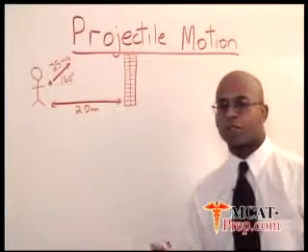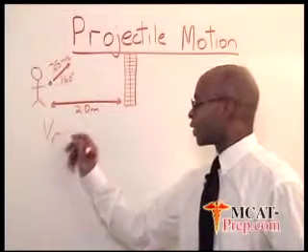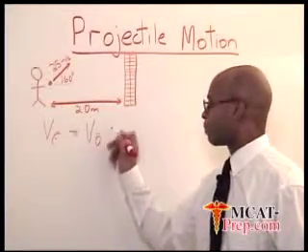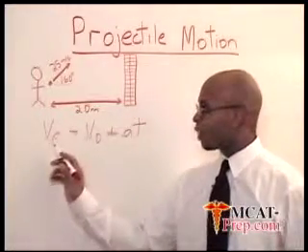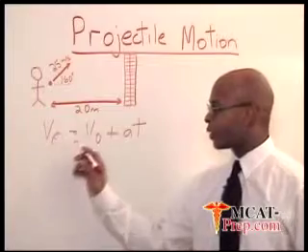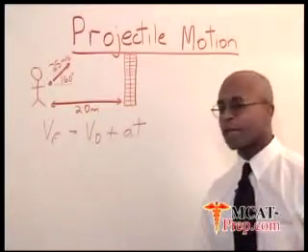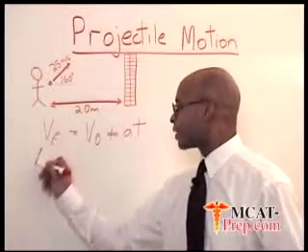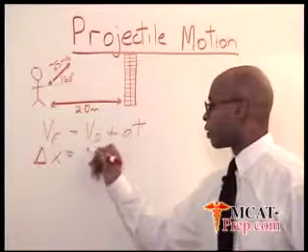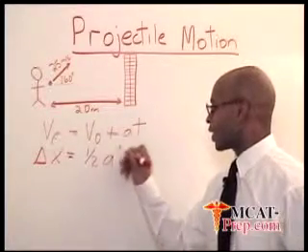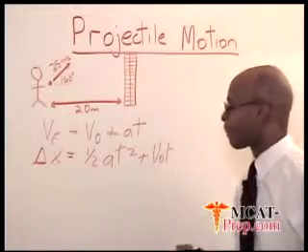So one of the equations that you need to memorize is the following. Vf is equal to Vo plus At. That is, that the final velocity, Vf, is equal to the original velocity, Vo, plus At. The other equation that must be memorized is delta x is equal to 1/2 At squared plus VoT.